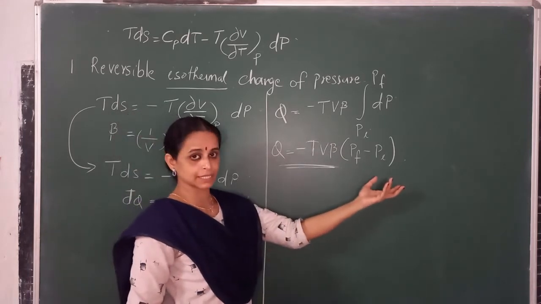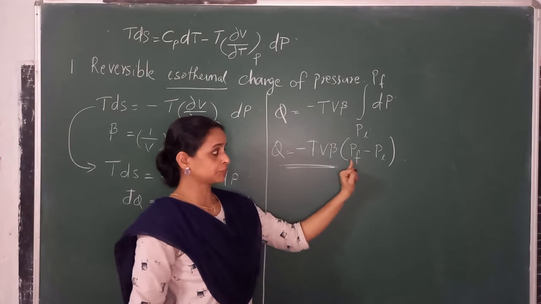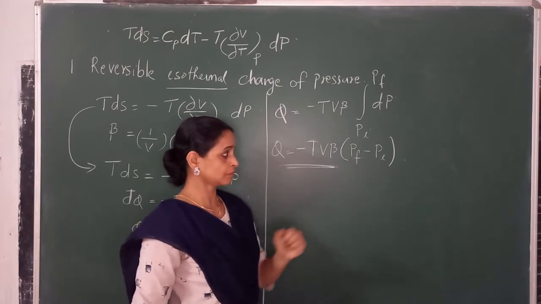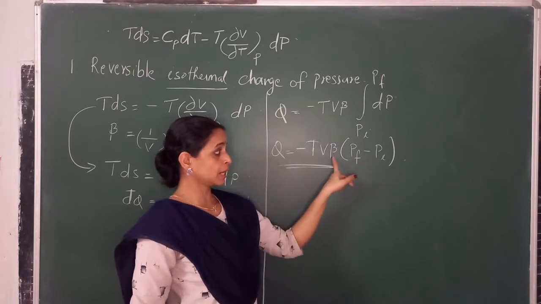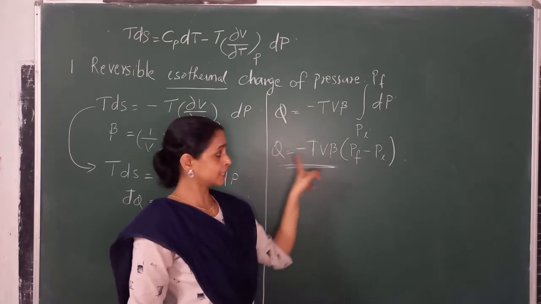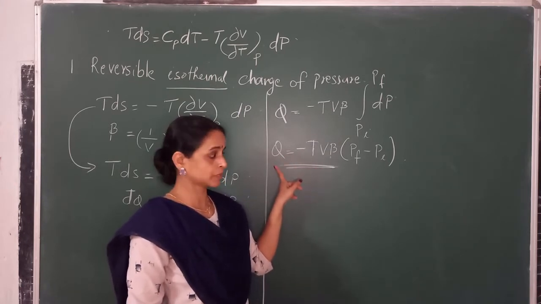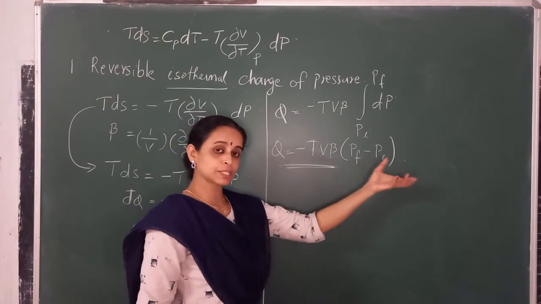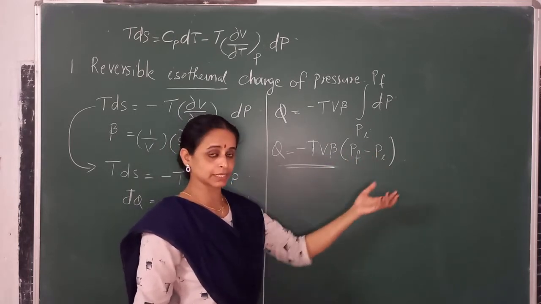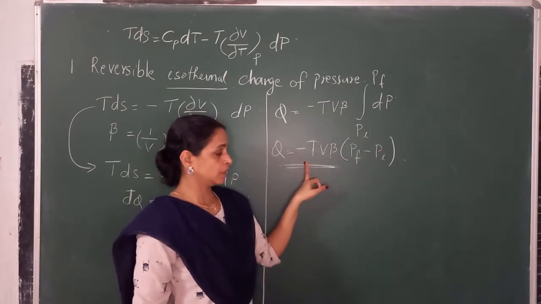If pressure increases for a certain process, then Pf minus Pi will be a positive quantity. So, depending upon the sign of beta, you may get positive heat or negative heat here. Let Pf minus Pi be greater than zero, that is, pressure is increasing at a constant temperature.